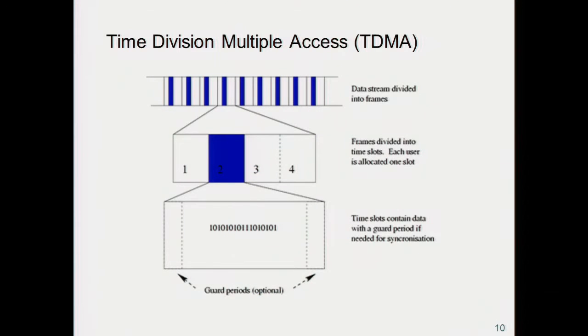Okay, now TDMA, as we said before, consists of a cycle of computation, and this cycle of computation is divided into slots, and every slot is assigned to one actor in the system. Okay, and so this is the mechanism of exchanging information on the network.